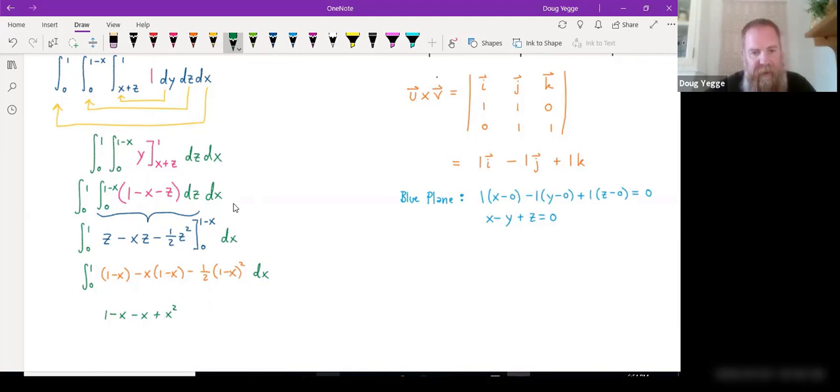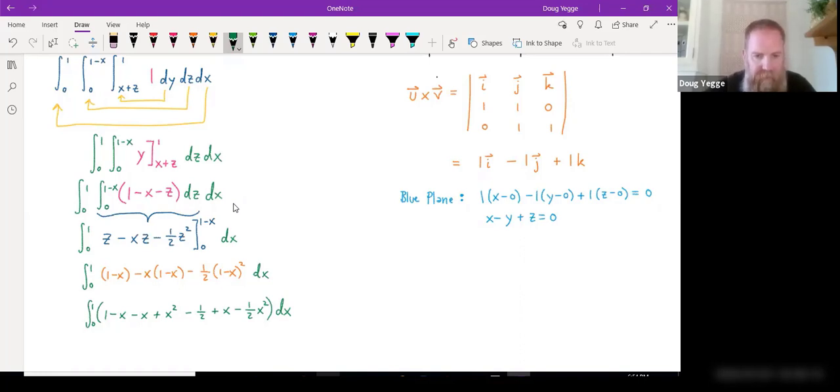And then if I expand 1 minus x quantity squared and multiply by 1/2, we get minus 1/2. We get minus 2x times negative 1/2 is plus x. And finally, x squared times negative 1/2 is negative 1/2 x squared. We're going to evaluate that from 0 to 1.